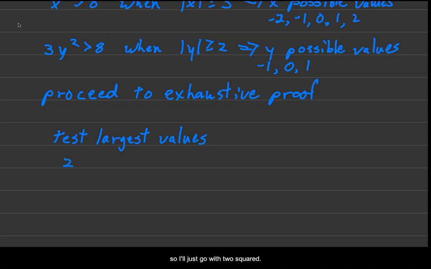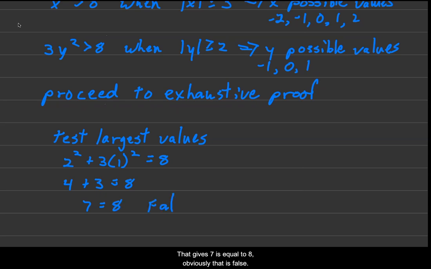So I'll just go with 2 squared plus 3 times 1 squared, which gives us our largest possible values for x and y, set equal to 8. We multiply this out: 4 plus 3 is equal to 8. That's 7 is equal to 8. Obviously, that is false, and those were our largest values.